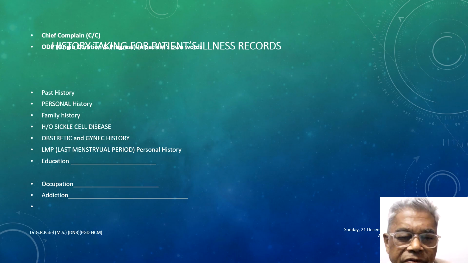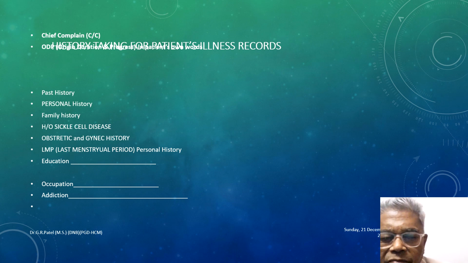Obstetric and gynec history in case of female patients: how many children the patient is having, gravida, para, and any abortions. Then very important is the last menstrual period. The date must be recorded.